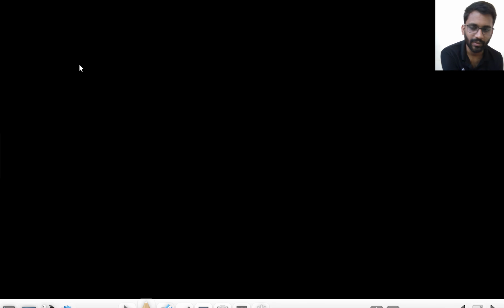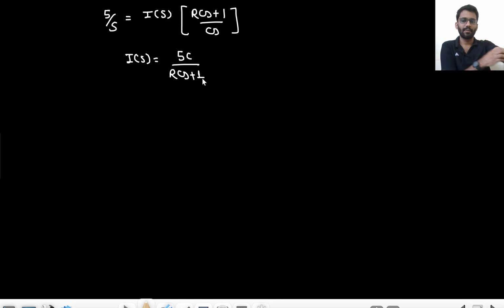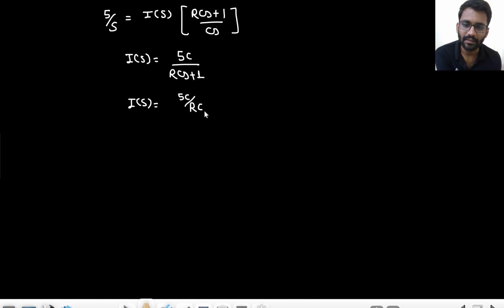So your I(s) would be 5 by S equals I(s) times RCs plus 1 upon Cs. So your I(s) would be 5C by RCs plus 1. What you can do, you can write it like this, 5C by RC upon S plus 1 by RC.